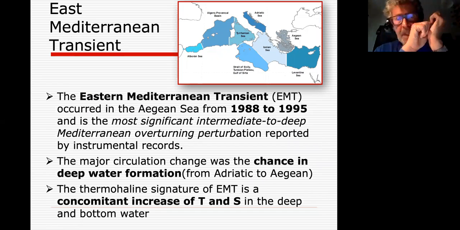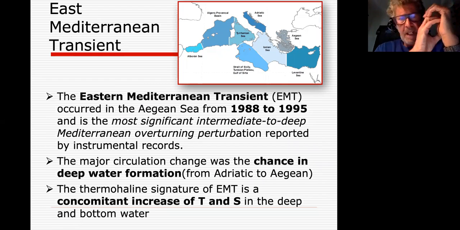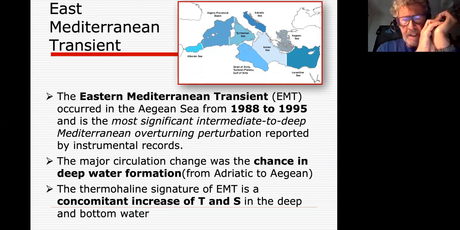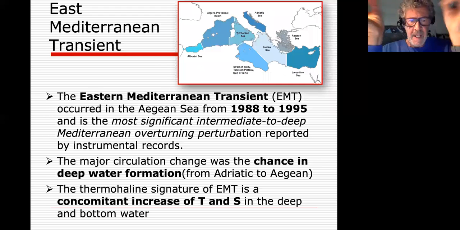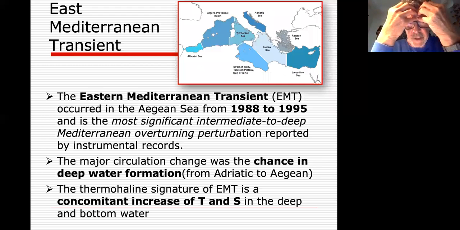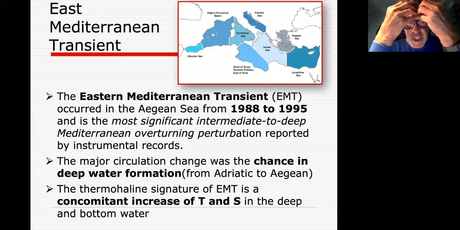And this variability has been dubbed as the East Mediterranean Transient, that occurred in the Aegean Sea, but influenced the whole Eastern Mediterranean. And the major change in circulation, as I told you, was the change in deep water formation.